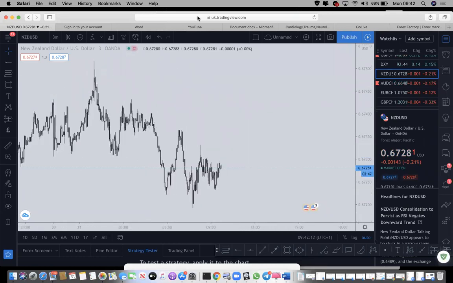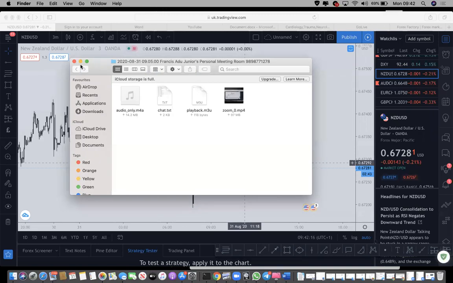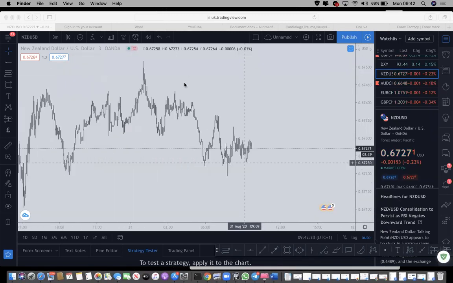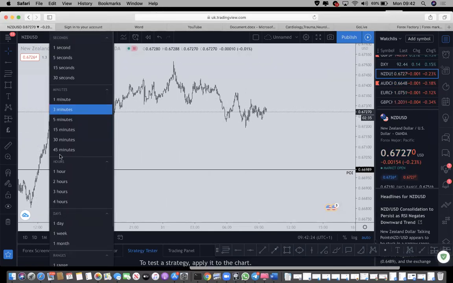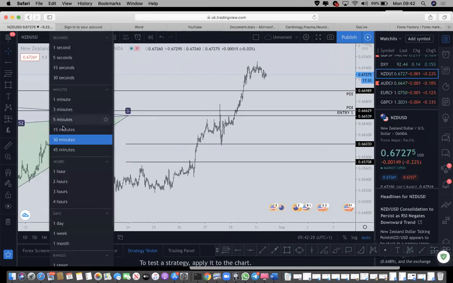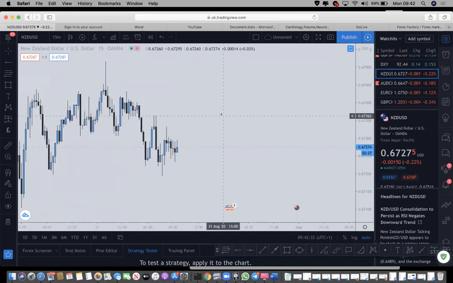So on NZD USD in the 15 minutes time frame, we're going to have that same area as our point of interest right there.